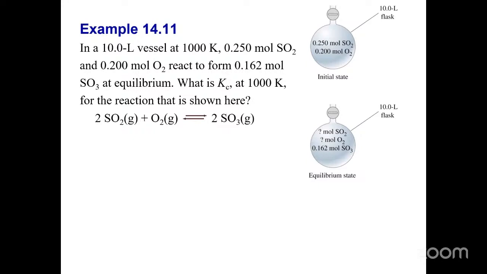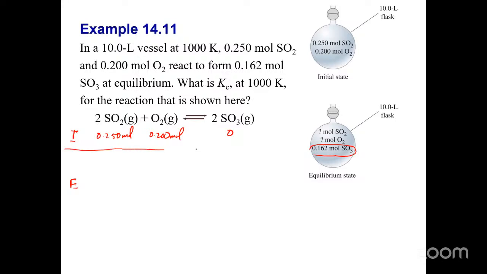I'm going to construct a table right underneath the equation here. I'm going to put the initial amounts of everything before equilibrium. Before equilibrium, we had 0.250 moles of SO2, 0.200 moles of O2, and no SO3. At equilibrium, the only thing given to us is the amount of SO3.